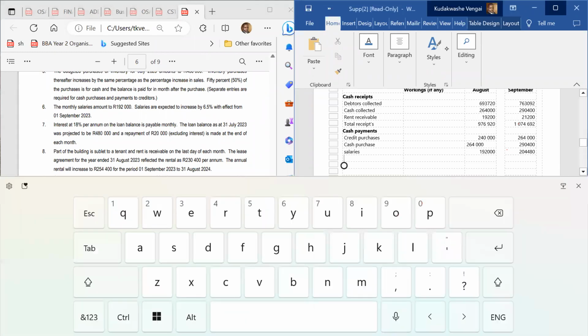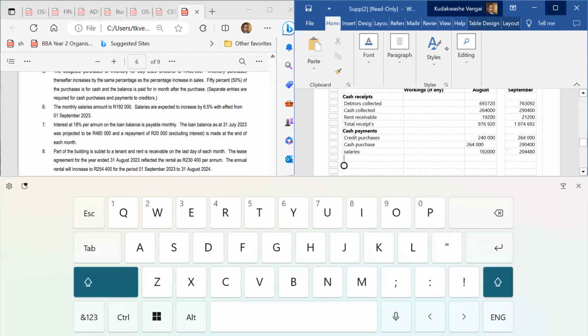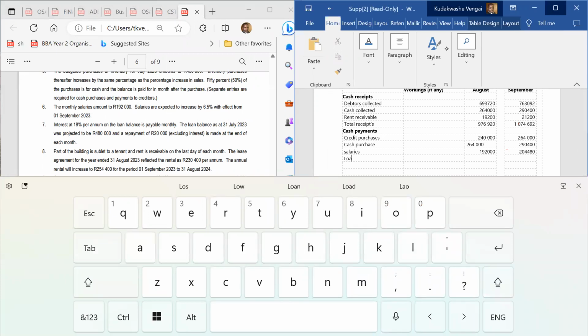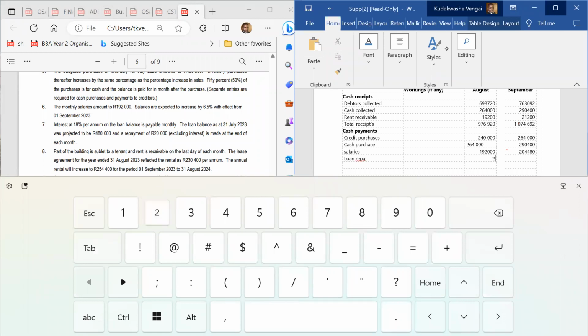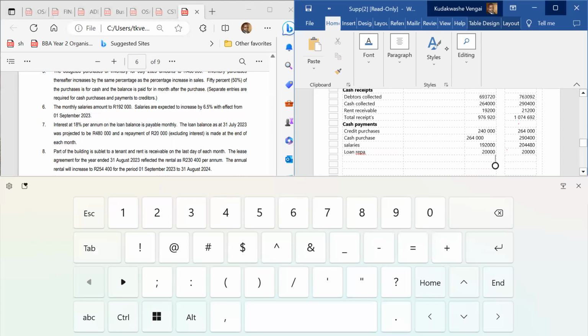Let's start with the straightforward one, loan repayment. Each and every month you are paying 20,000 repayment. So for August we can say 20,000, and for September we can also say 20,000. Then interest.